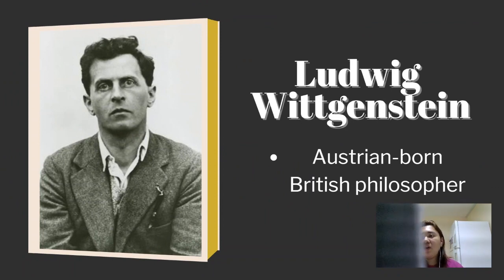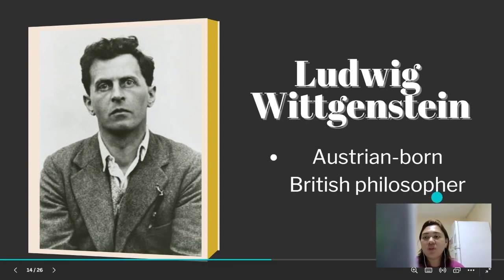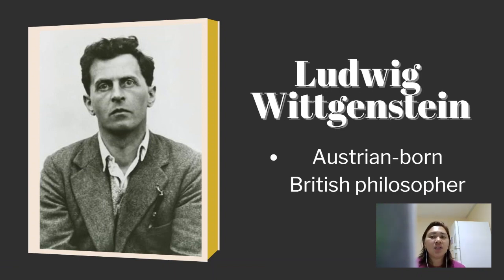So we have here another philosopher, Ludwig Wittgenstein. He is an Austrian-born British philosopher. In his book, Philosophical Investigations, Wittgenstein challenged the essentialist view that for a general term to be meaningful, there must be an essential property held in common by the members.